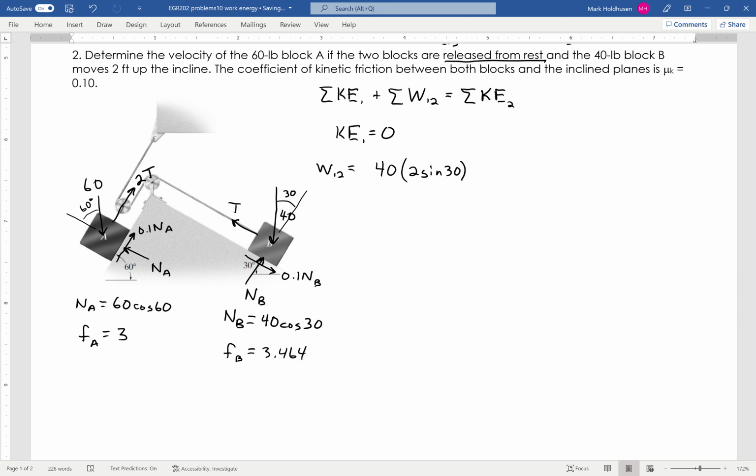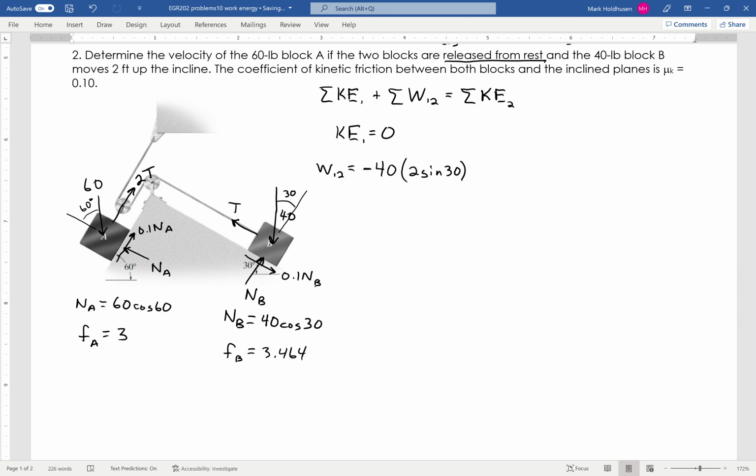It moves 2 total feet, but vertically, in the direction of my weight, that's only going to be 2 sine 30. Now, weight is down, that force is down, motion is up. This is a negative work being done by gravity. Conversely, the gravity on A is going to be positive because it's moving downward.